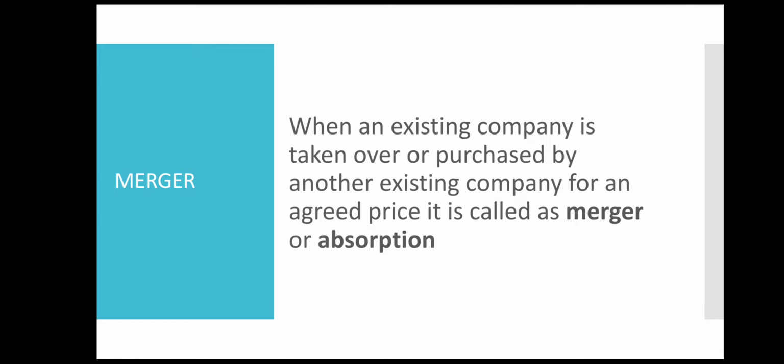First is merger method. When an existing company is taken over or purchased by another existing company for an agreed price, it is called as merger or absorption. Merger simply means when a company is acquired by another company, the company which is acquired loses its existence and the acquiring company gets the ownership of this company.